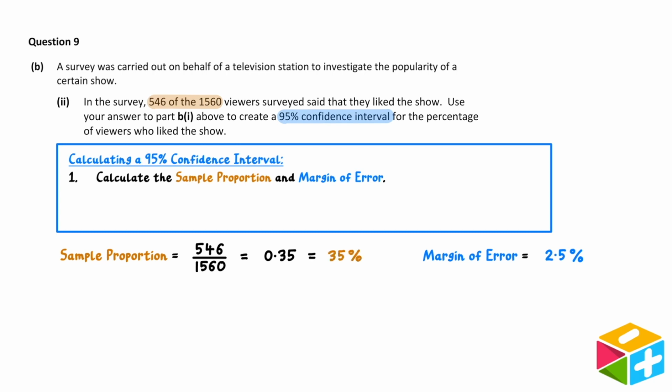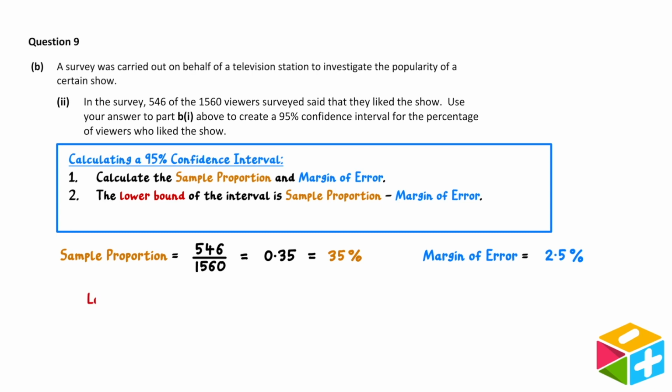So this becomes 35%. We are now ready to start calculating the bounds for our interval. The lower bound of the interval is the sample proportion minus the margin of error. Here, that's 35% minus 2.5%, which is 32.5%.